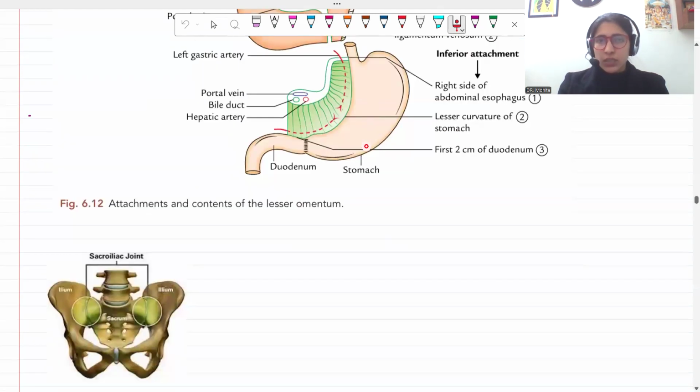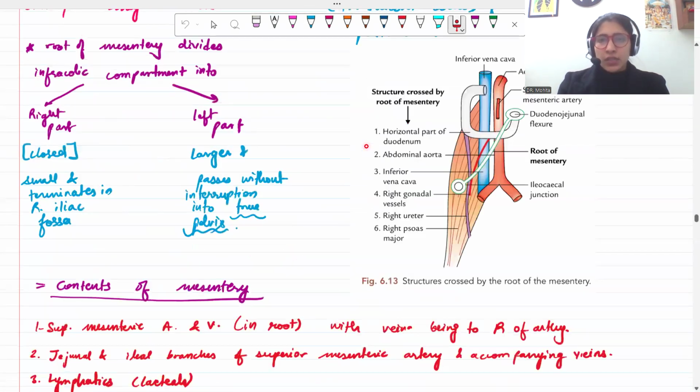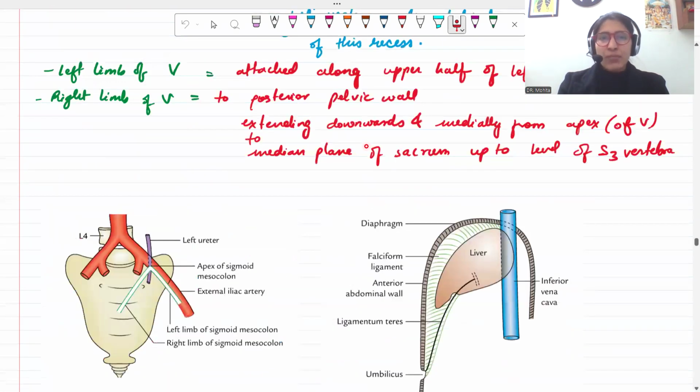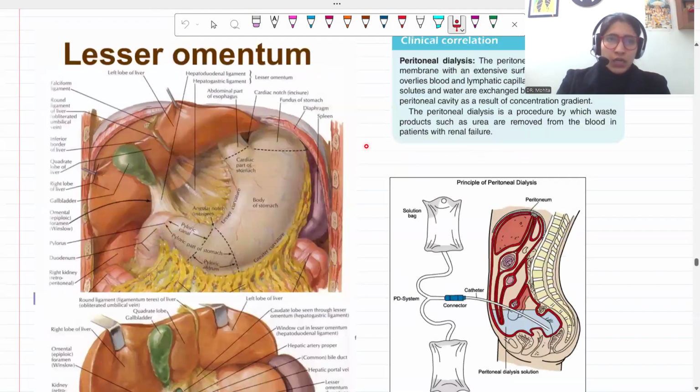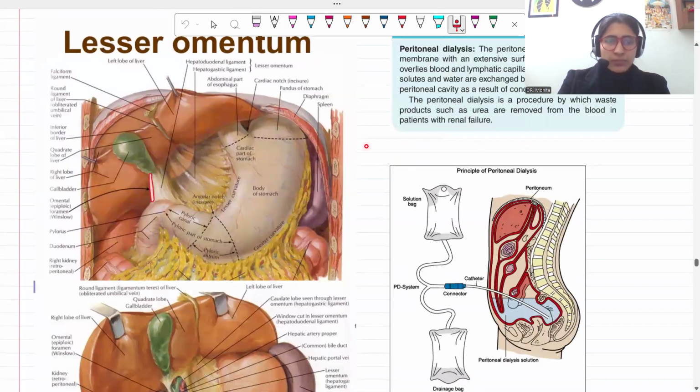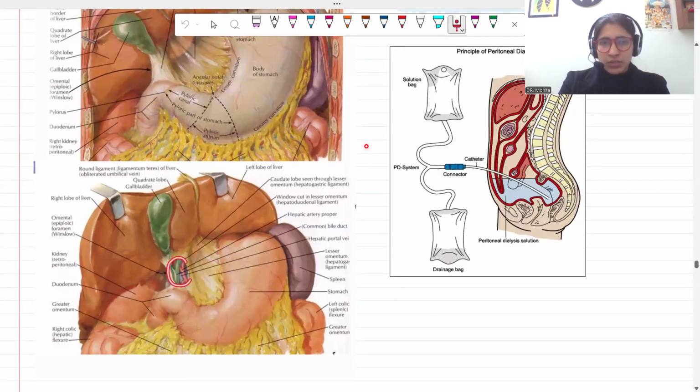I'll tell you something: in the right free margin of the lesser omentum, we have the three things that are entering or exiting. See, these three things. Can you see? This is the hepatic duct, portal vein, and hepatic artery.